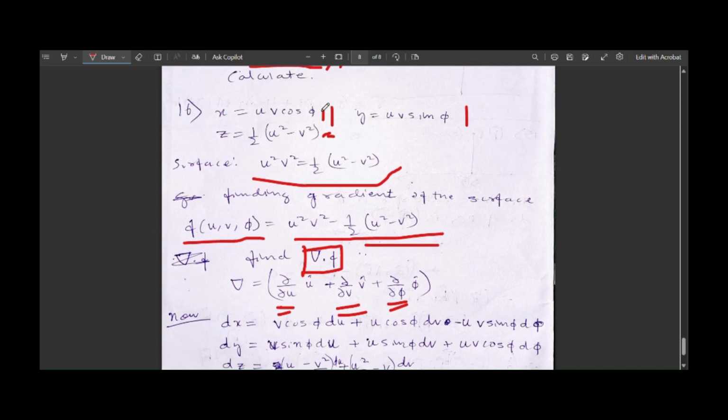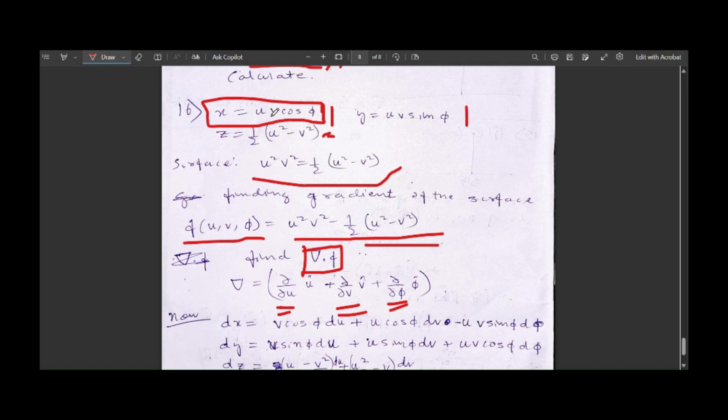So let us consider the expression for x. x is uv cos φ. We will consider a small change in x, dx. dx is equal to, first, a small change in u.